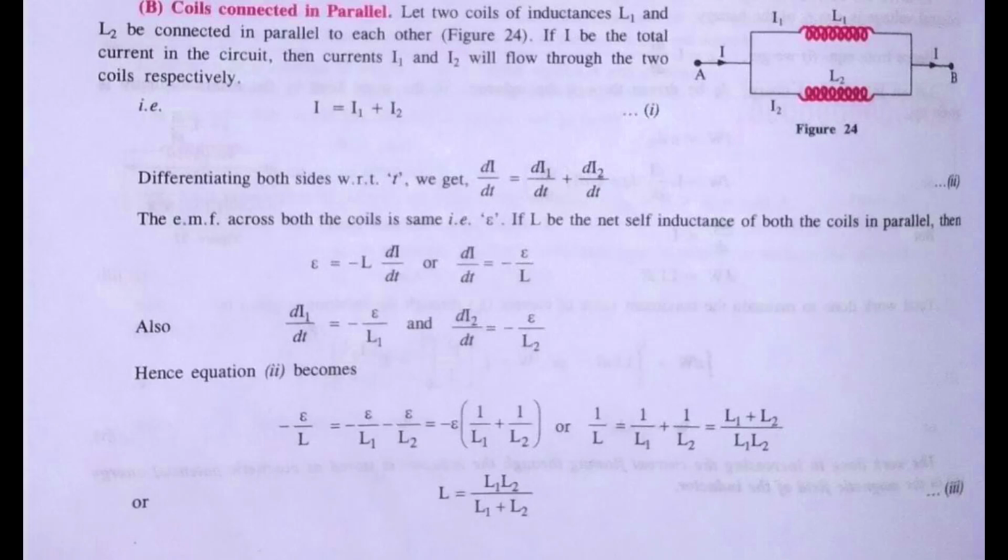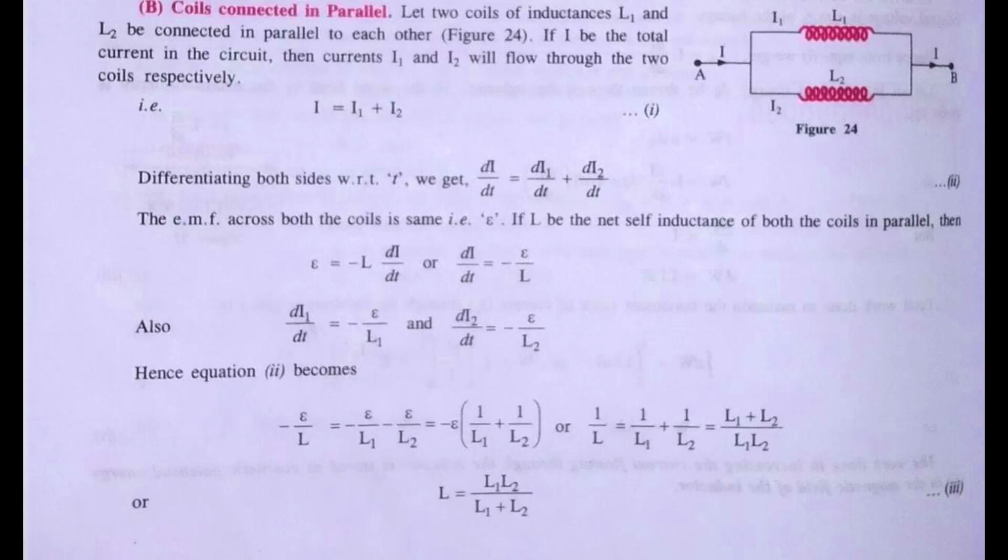So rearrange the terms to get the value of dI over dt in terms of L, the coefficient of self-inductance. Then replace the values in the equation where we have dI over dt, dI1 over dt and dI2 over dt. Then we have the final expression in terms of the coefficient of self-inductance.